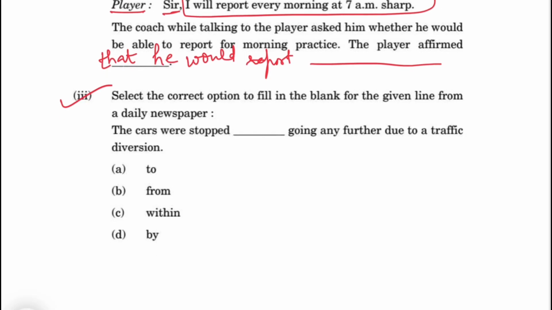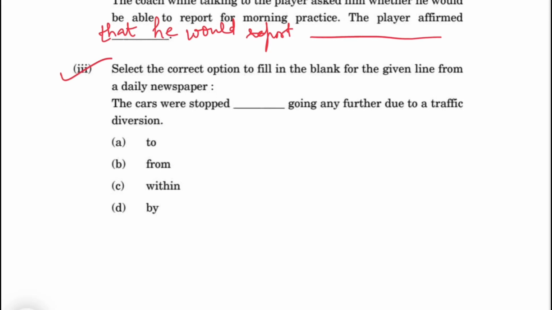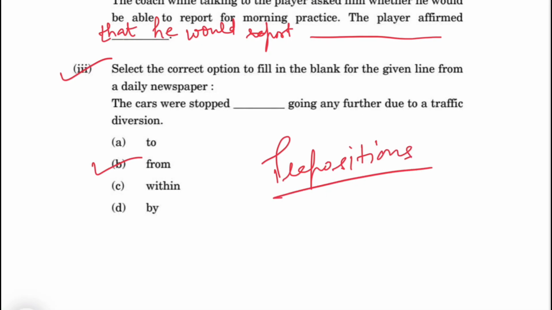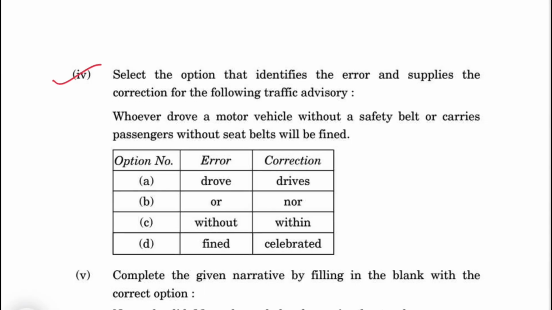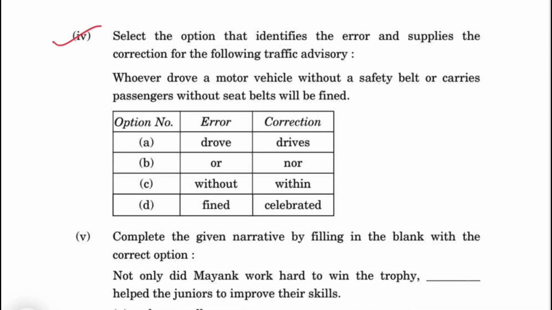Next: the cars were stopped dash going any further. Stopped from, this one is of preposition. Prepositions are not in the syllabus, but the question may be there because this is also a part of grammar. Next question: who ever drove a motor vehicle without a safety belt? We need to check all four options.